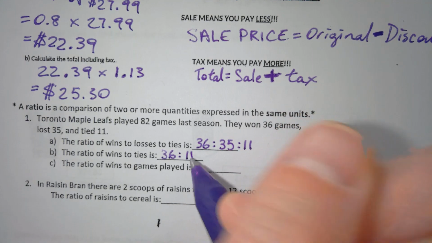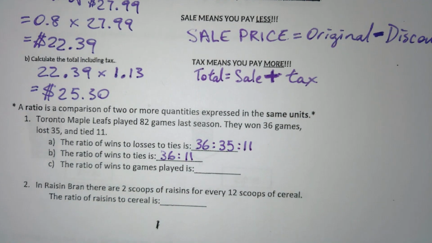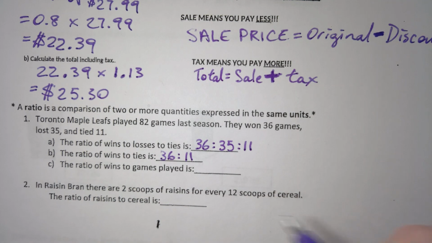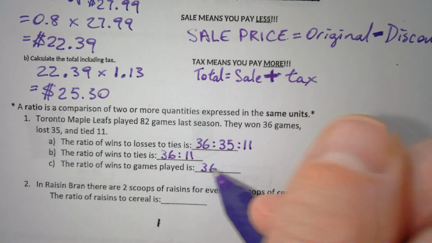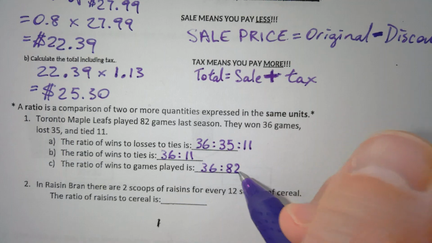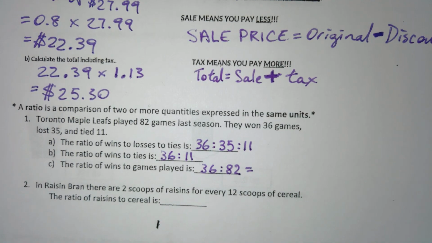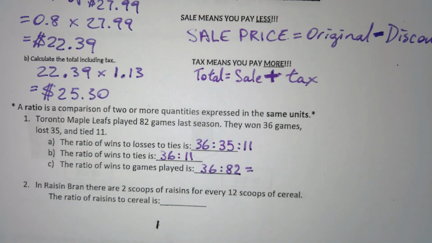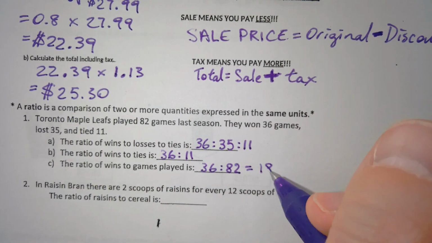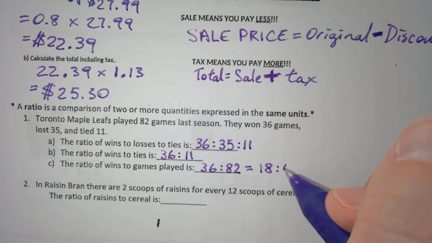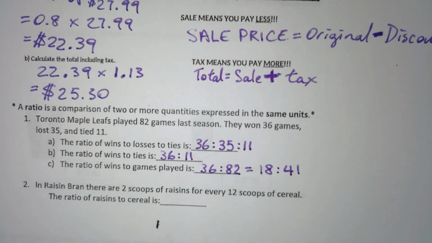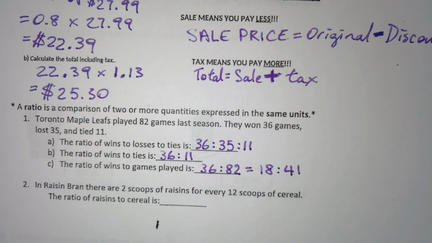Good. Okay. Wins to games played. Katya. 36 to 82. Okay, but if you write this, you will lose half a mark, which goes down to 18 to 41. Right.